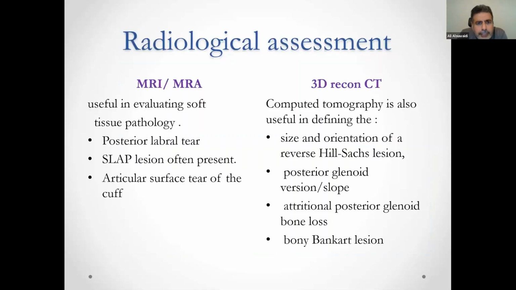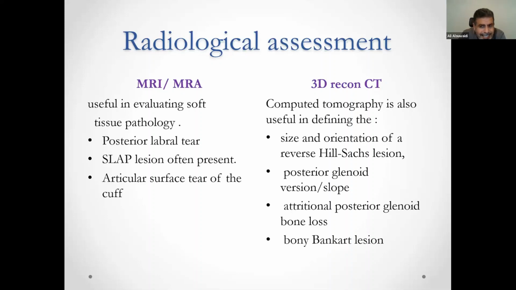With regard to imaging used for assessment, I found MRI useful. MRA, which is an MRI arthrogram, is also very useful in the younger population, but I found myself depending more on the MRI.